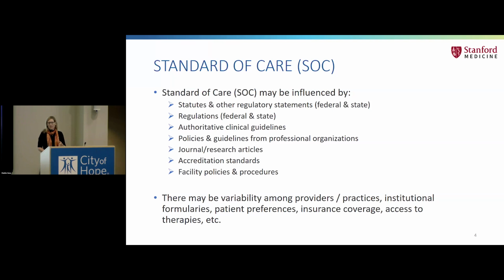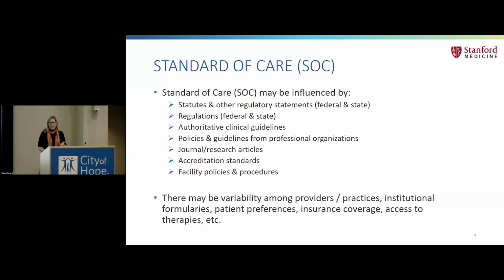And there can be variability from institution to institution, amongst geographic regions as well. It can be different based on things such as your institutional formularies, which may help determine what's your first line standard of care for certain conditions. Individual practices and providers may just have their own standard of care based on previous experience or preferences.